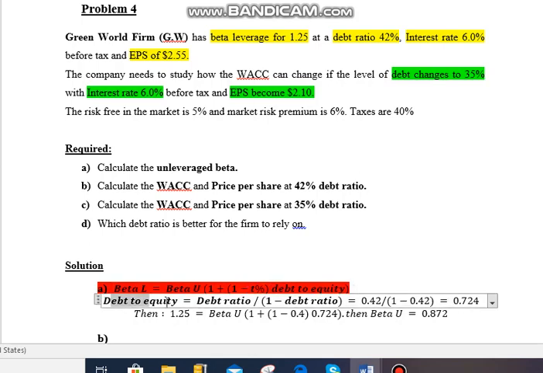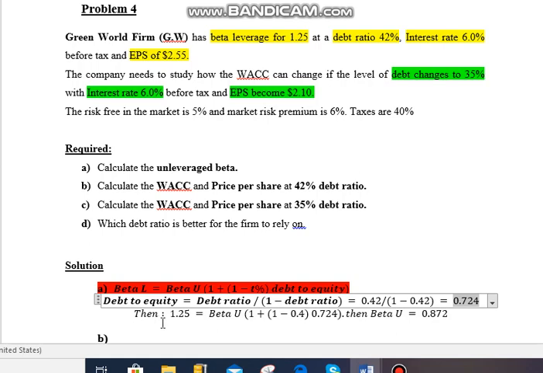The debt to equity equals debt ratio over 1 minus debt ratio, so it's equal to 0.42 over 1 minus 0.42, which is 0.724, the debt to equity at this debt ratio.